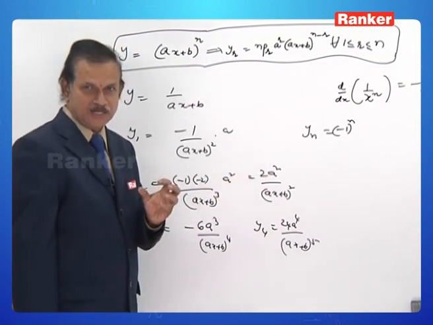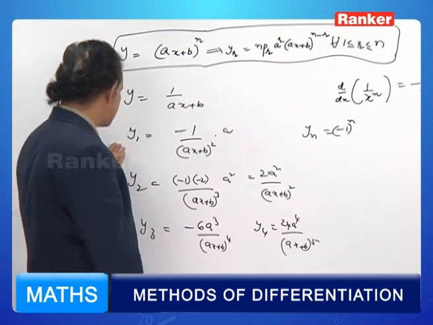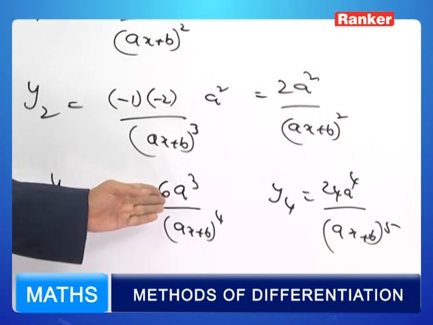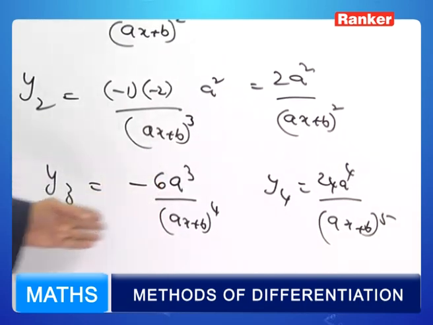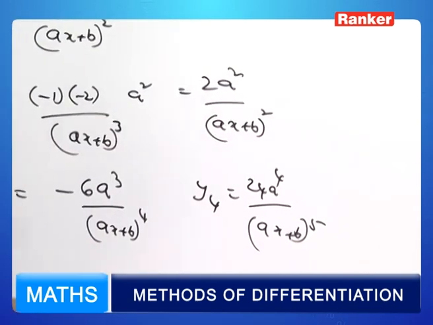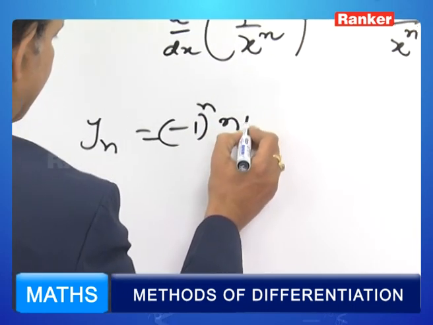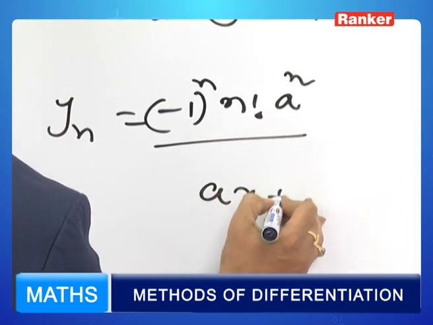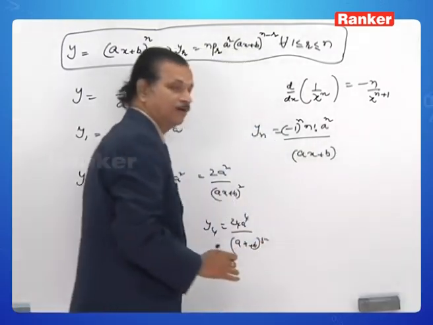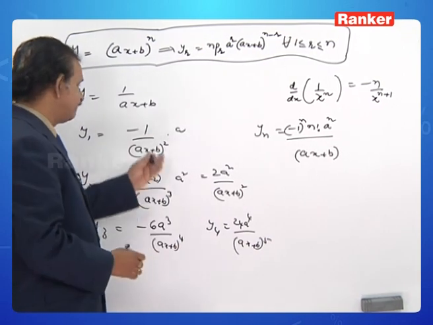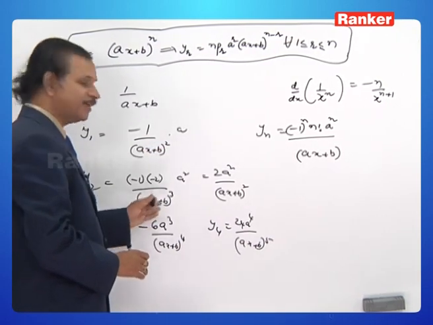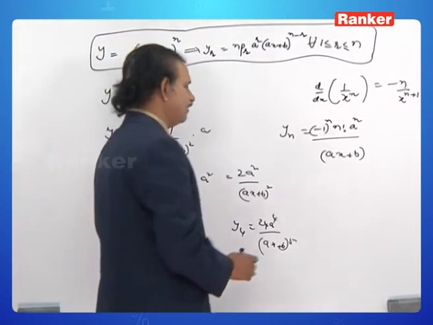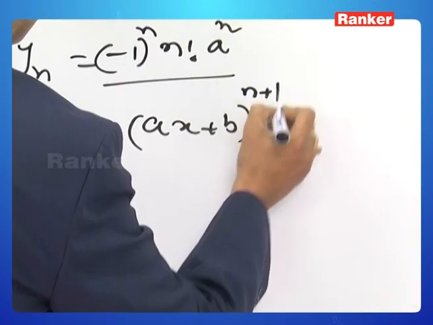In the first derivative we have a, in the second derivative we have a square. Just a minute. Let us now concentrate on the numbers. In the first derivative we have 1, second derivative 2, that is 2 factorial. Third derivative we have 6, 3 factorial. Fourth derivative we have 24, that is 4 factorial. And in the nth derivative we have n factorial into a power n by ax plus b whole to the power of, in the first derivative we have square, in the second derivative we have whole cube, in the third derivative we have whole power 4, and in general the nth derivative we have n plus 1.